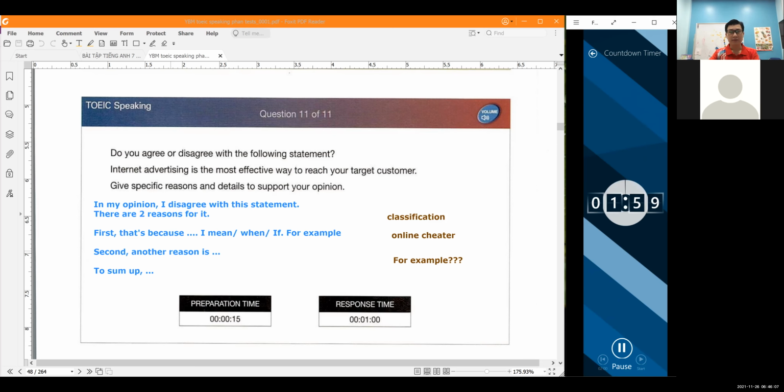In my opinion, I disagree with this statement. There are two reasons for it. First, that's because every product will have its own classification of customer.